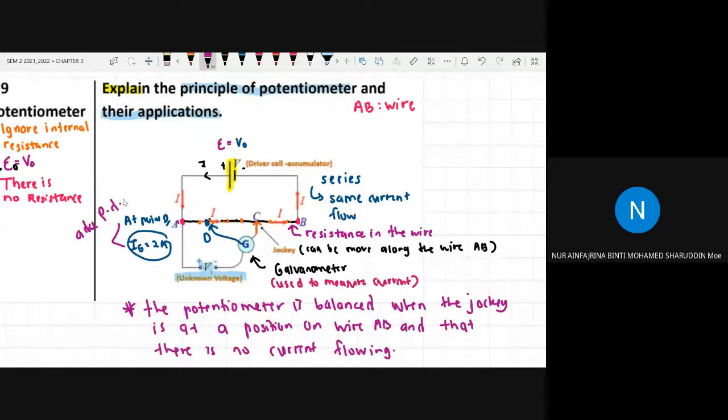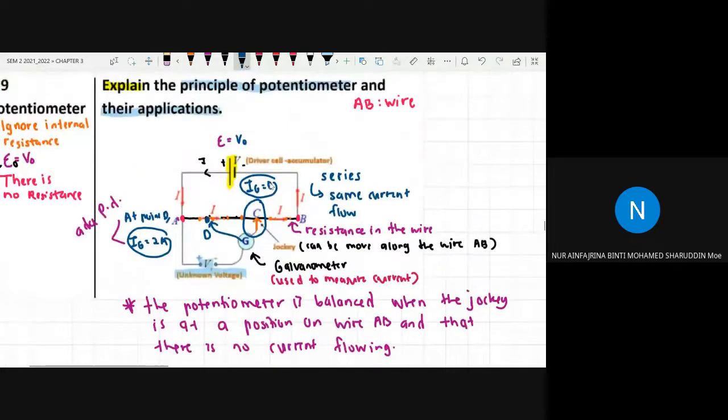Okay, so tak apa. So then Miss decided untuk move dia ke point C sekarang. Alright, now this is the problem. Bila Miss move dia ke point C, reading galvanometer you akan jadi kosong. Maksudnya sekarang potentiometer is balanced.